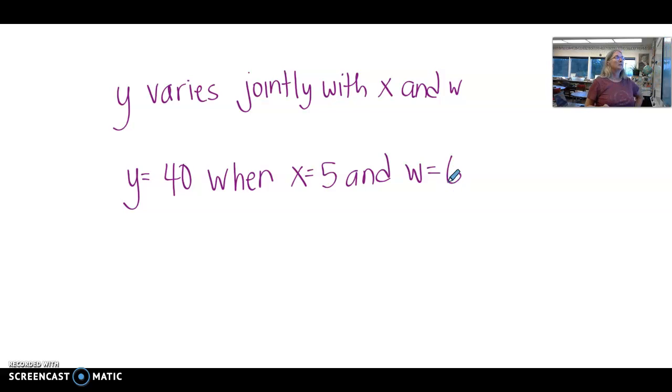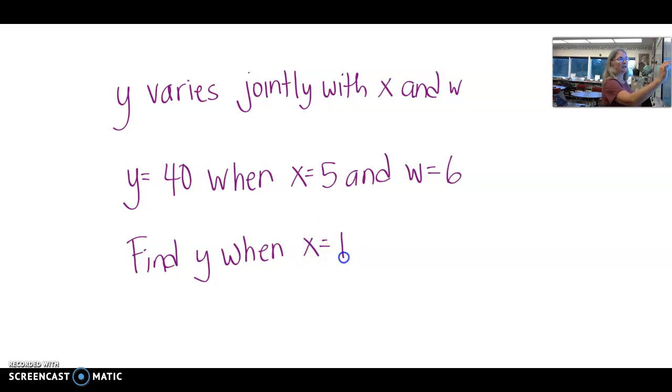So this is the type of problem you might get. And then you might be told to find y when x equals 12 and w equals 15.